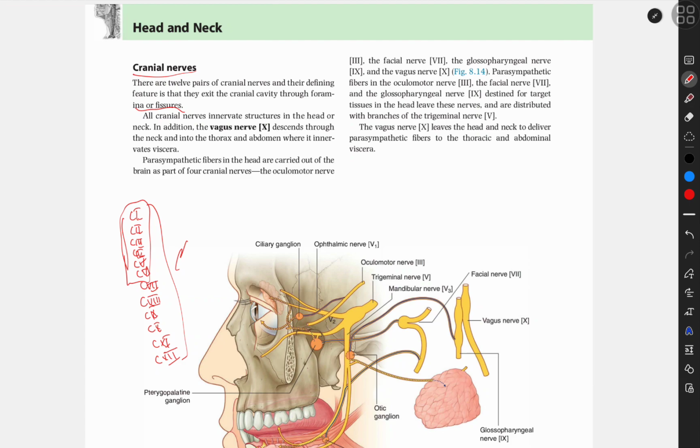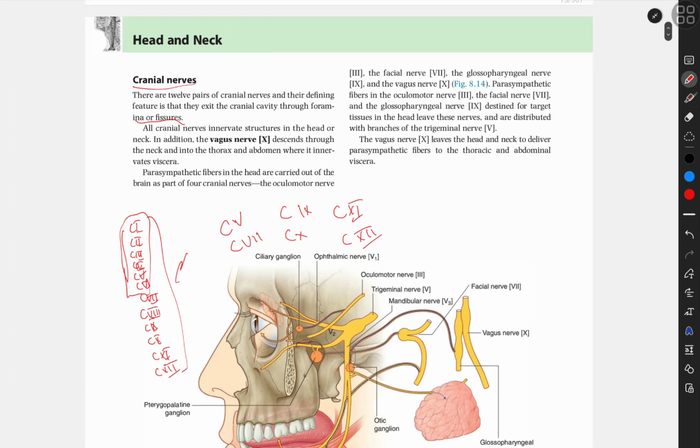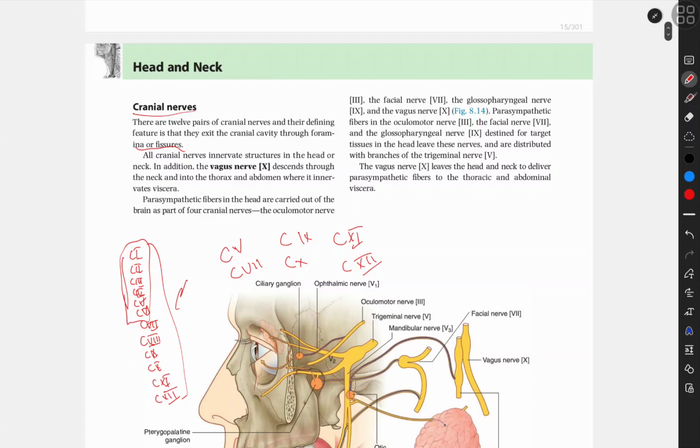But right now, in the head and neck region, not the neuroanatomy stuff, I think C5 is more important, C7 is important, C9 is important, C10 is important, C11 is important, and C12 is important. But we'll get into the details later.